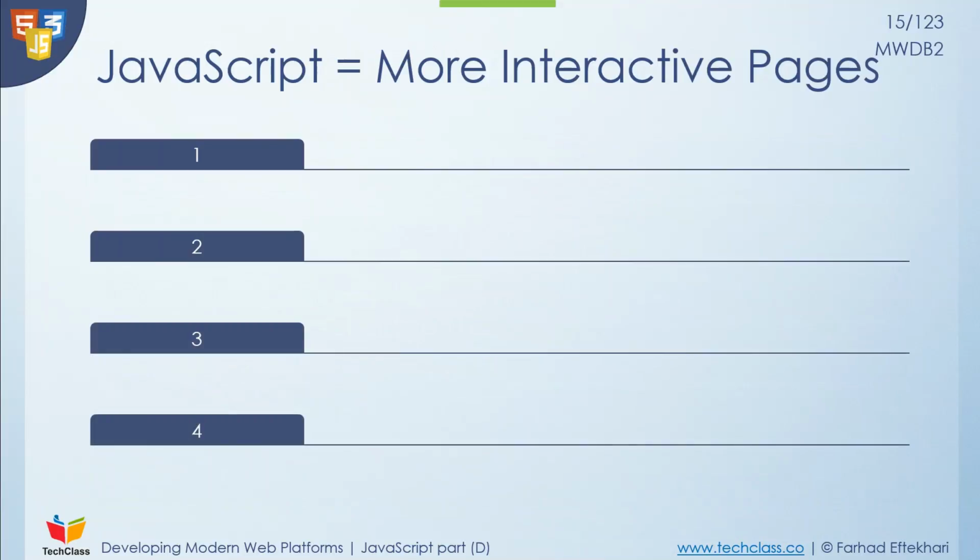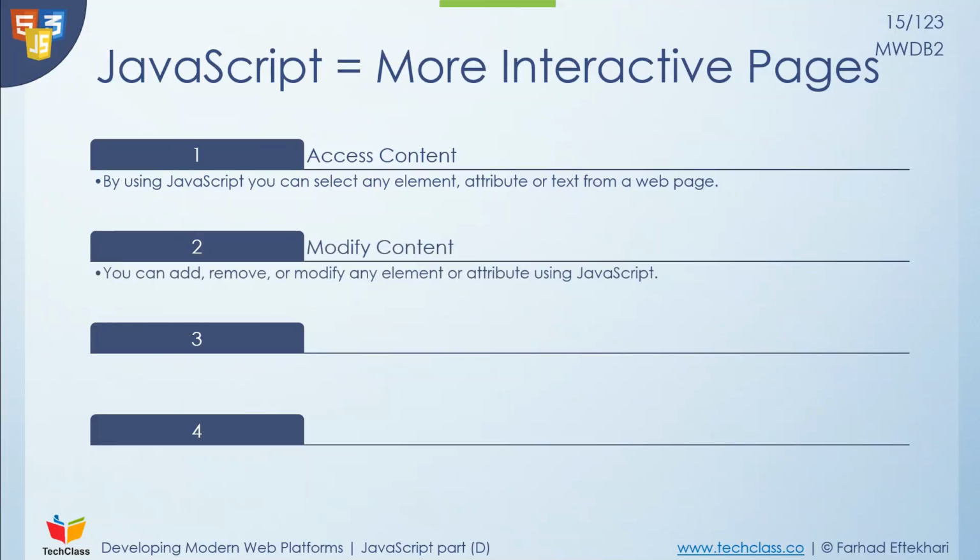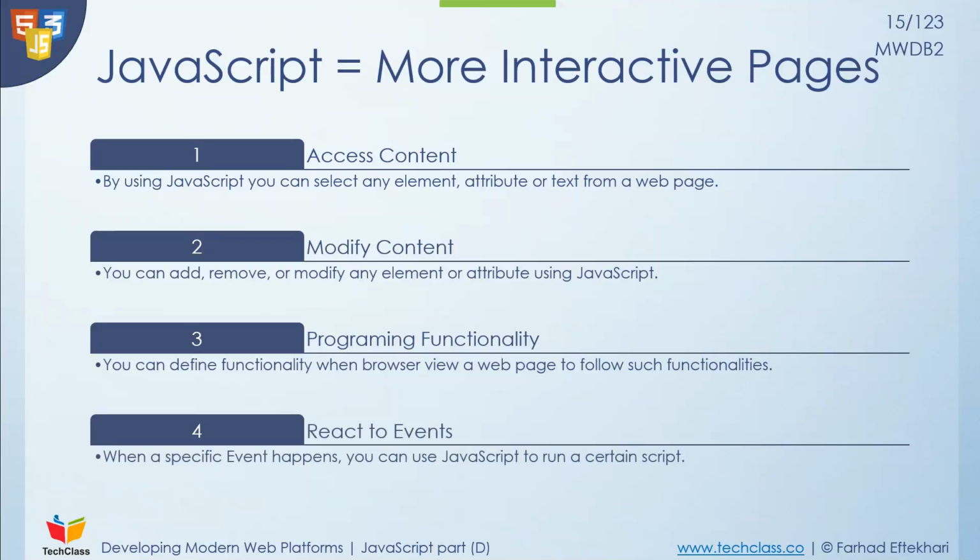So as we discussed previously, first you need to access the content, then you need to modify it, then add some programming functionality, and finally the elements will react to the events that you defined in your programming functionality.